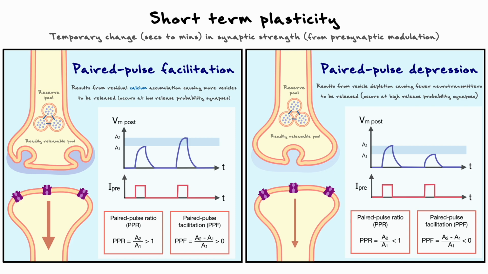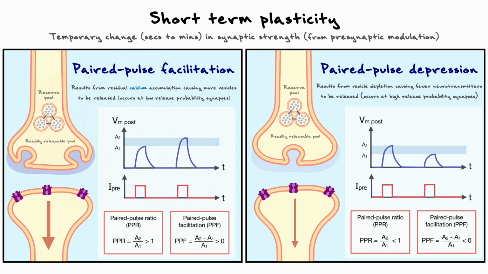For the paired pulse facilitation metric, we do the same thing, but in the numerator we subtract the amplitude of the first response. If the value is positive, it corresponds to facilitation, and inversely, if the value is negative, it corresponds to depression. Now that we understand a bit more how plasticity occurs in the short term, let's explore the long-term aspect.